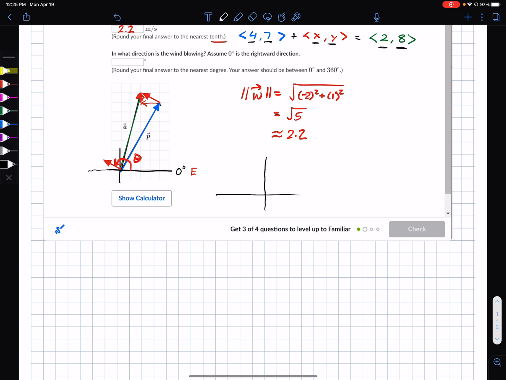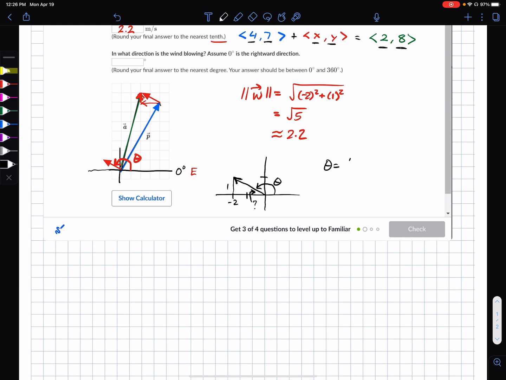In the second quadrant, if you've got this -2 and then up 1 situation here, what we're going to be trying to figure out is this theta over here. But this reference angle inside is really easy to figure out at first. We have a formula for this.